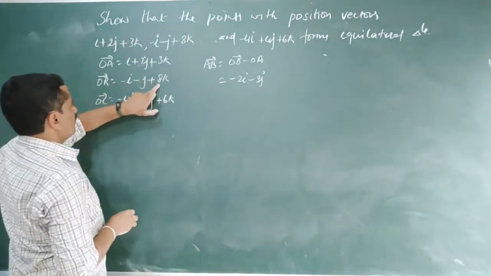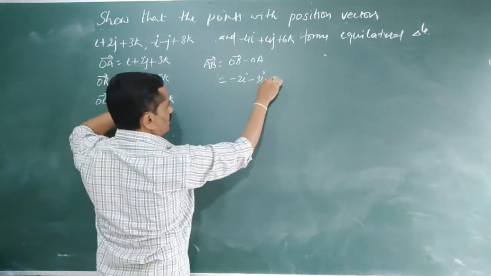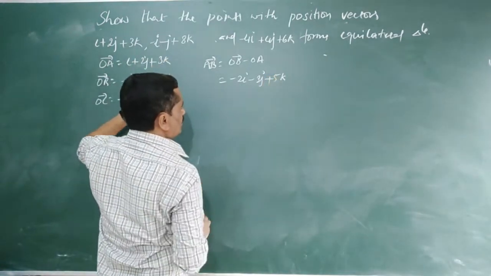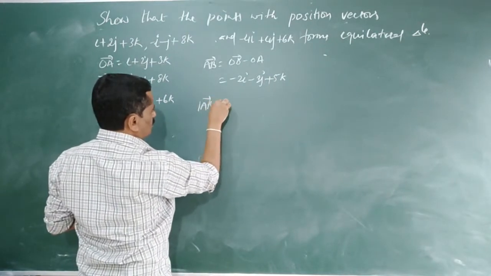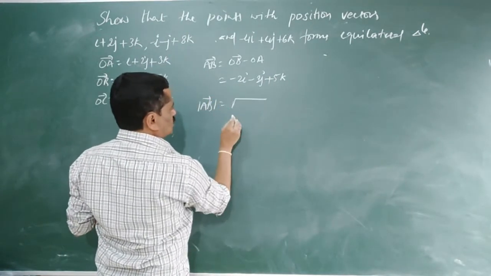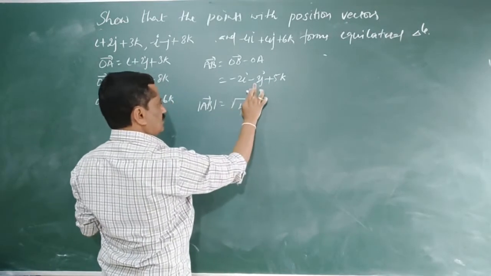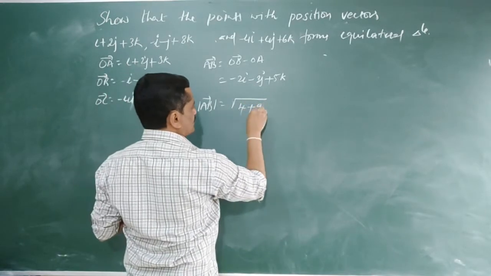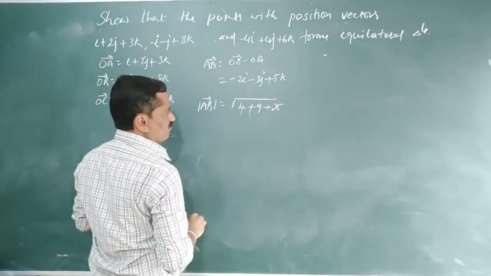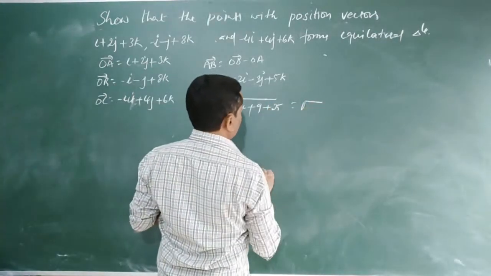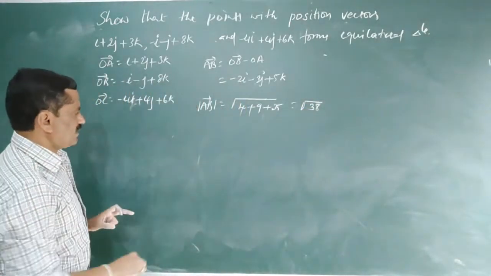Here we have 8 minus 3, we have plus 5k. Now find the magnitude of AB bar. The magnitude of AB bar is equal to the square root of minus 2 whole square, that is 4, plus minus 3 whole square, that is 9, plus 5 whole square, that is 25. That is equal to root 38.